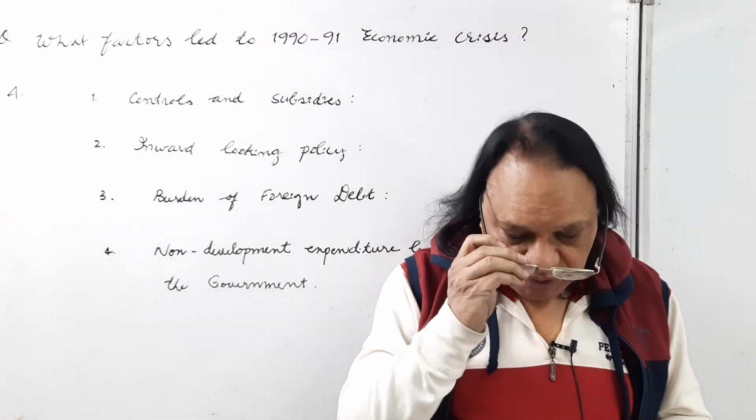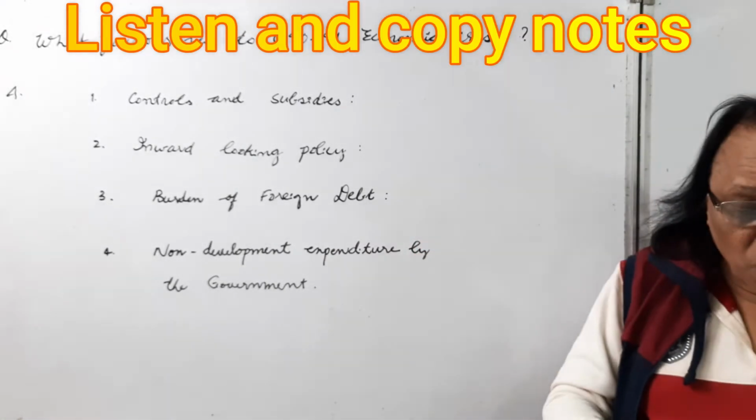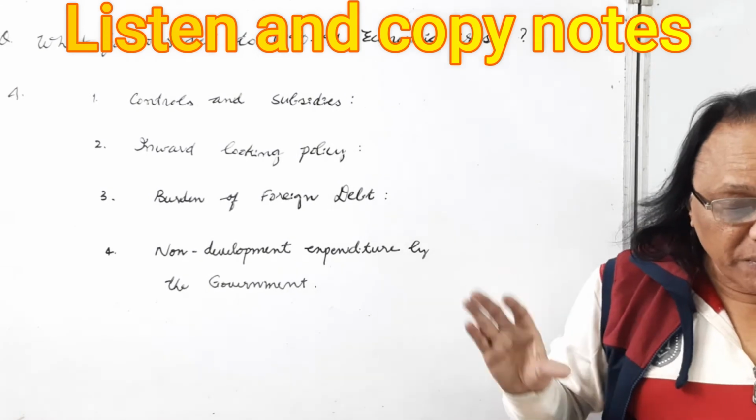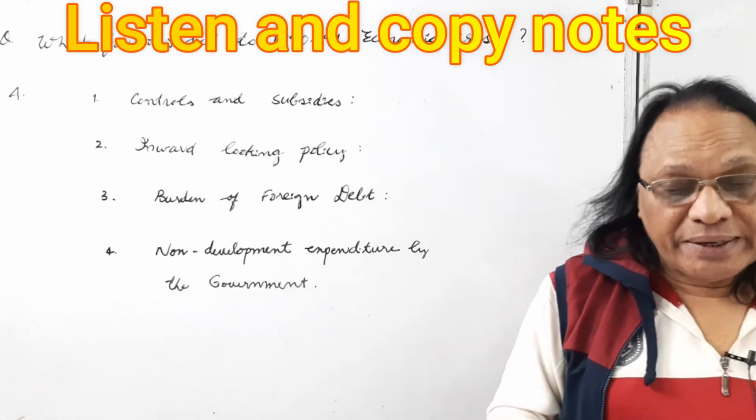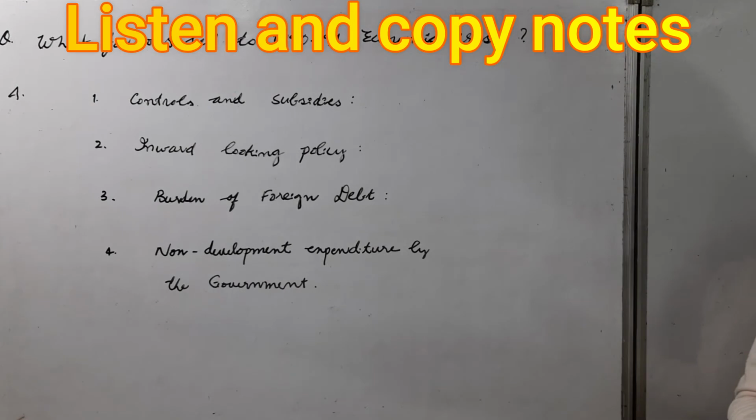So we repeat once again: what factors led to the 1991 economic crisis? Number one, controls and subsidies. There were controls on production because of licensing. Not everyone could produce because of the license raj.